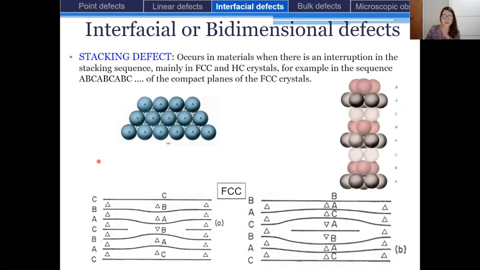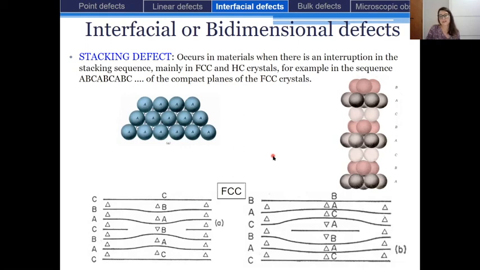So for example, in the case of FCC crystals, we should have this sequence, ABC, ABC. So you can see that right here we have a perfect stacking sequence. Here also, but in the middle we have a stacking defect. So we don't have ABC, ABC, but we have AB, ABC.